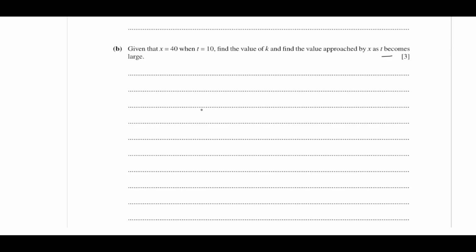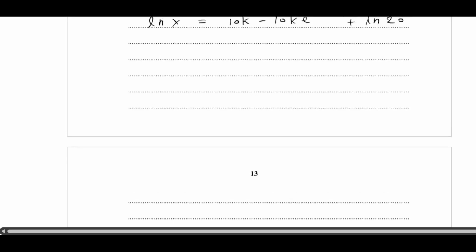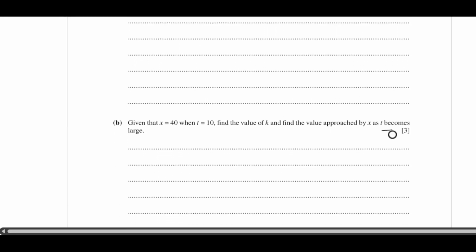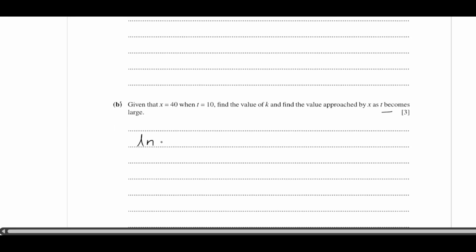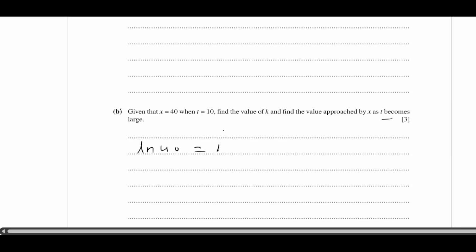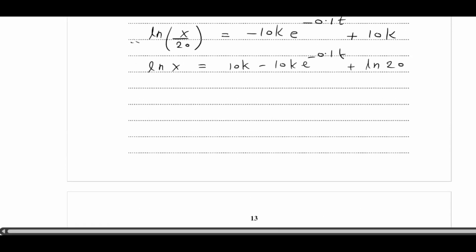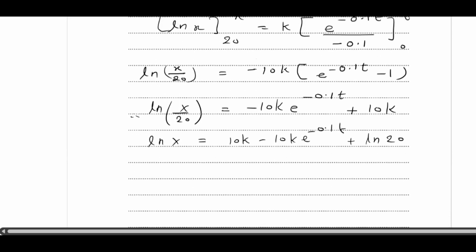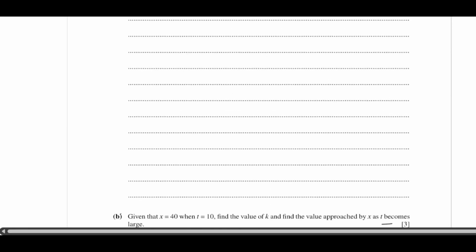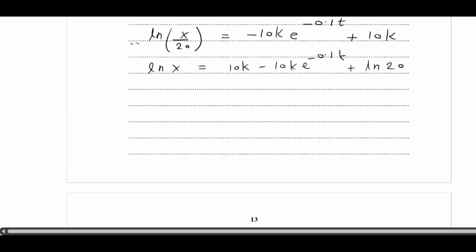So what we will do in this expression, I will say that ln 40 equals 10k minus 10k e power minus 0.1 t, plus ln 20. Better we take this 10k common.